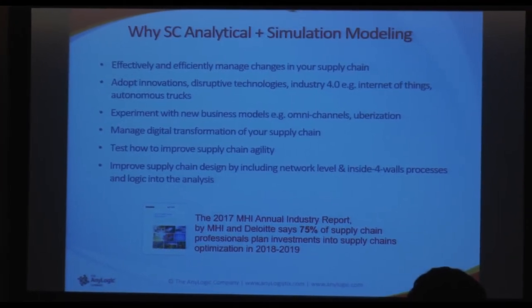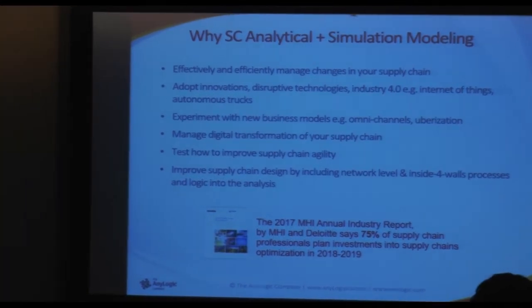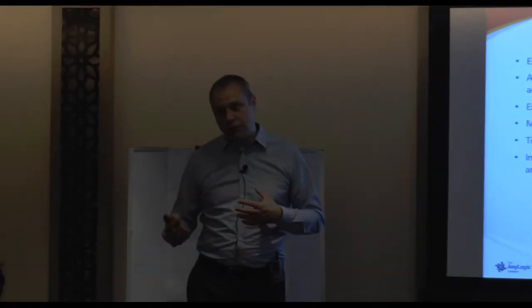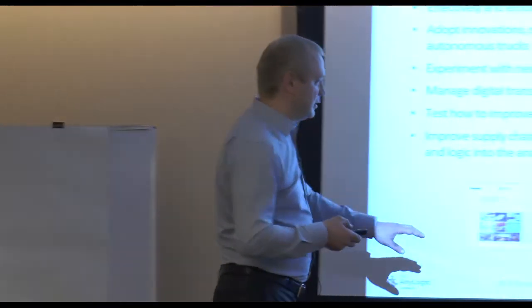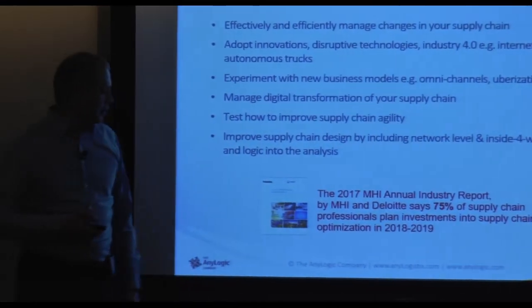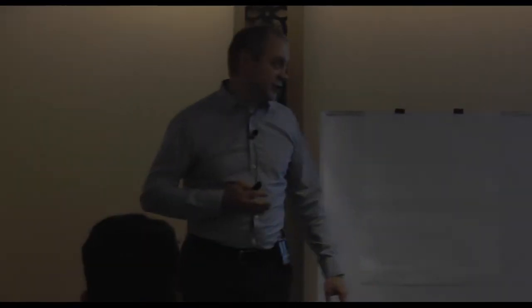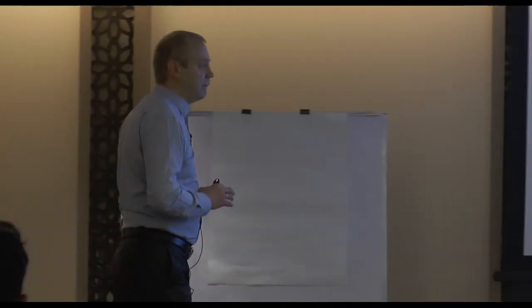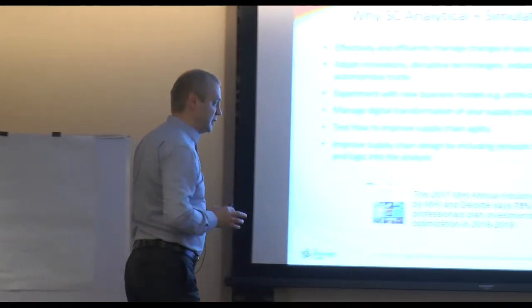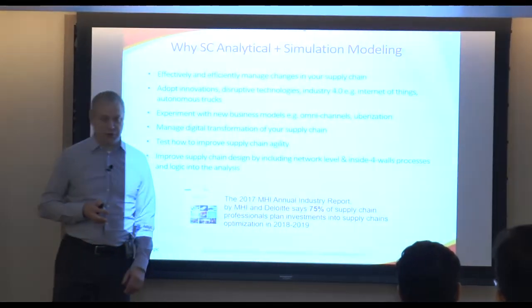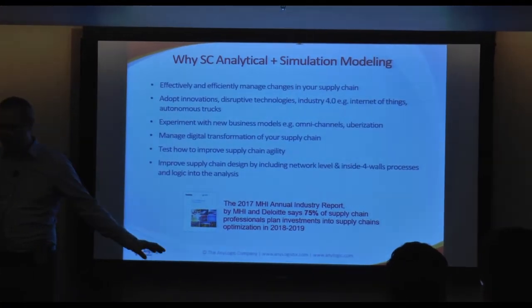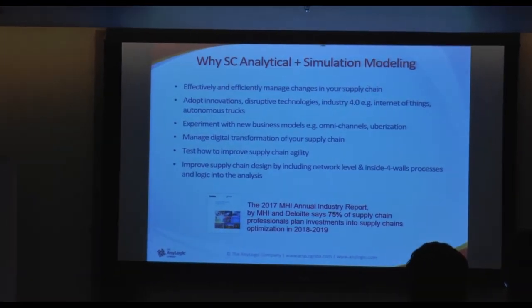You may consider all this inside four walls logic. You may test how your supply chain works and how to improve it. Certainly it gives much more flexibility than just using network optimization. What is interesting is that the annual report written by Deloitte says that 75% of supply chain professionals plan to invest in supply chain optimization in the next 2 years, well, this and next year.